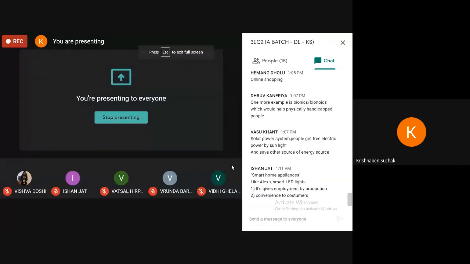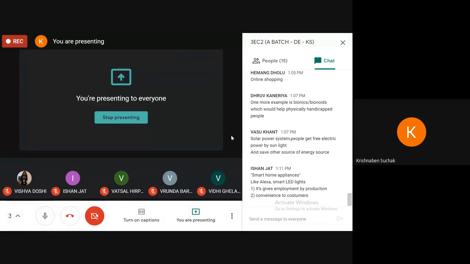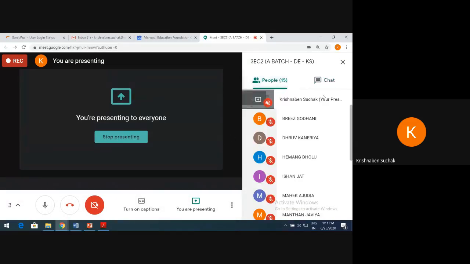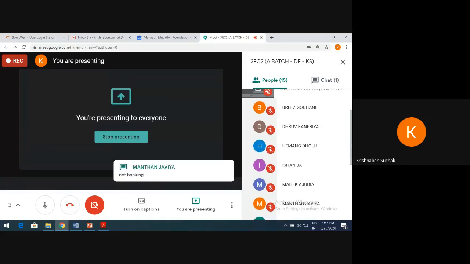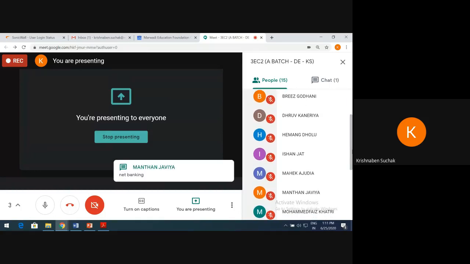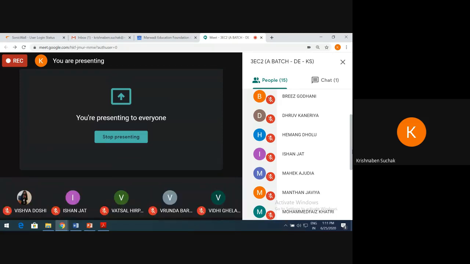So, who else is remaining? Manthan, net banking. Manthan, you have to explain that. Unmute yourself and explain why you are considering net banking. Madam, online transfer, online booking.